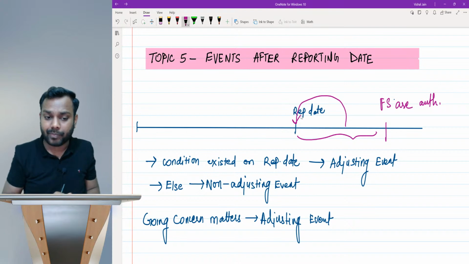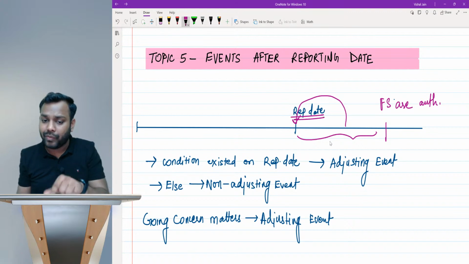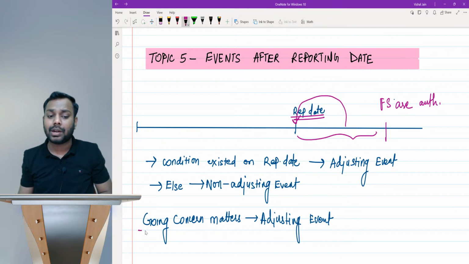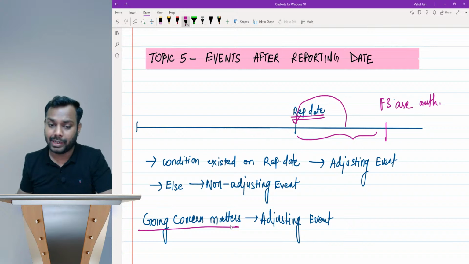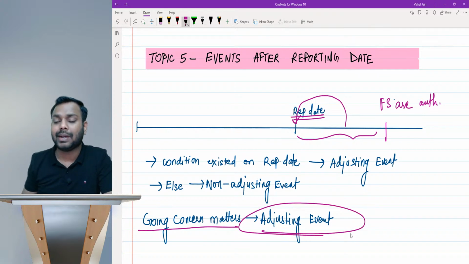If the condition does not exist on the reporting date, but the event is such a significant event that it impacts the going concern matters, then in that case it will be an adjusting event. Is that clear, guys?